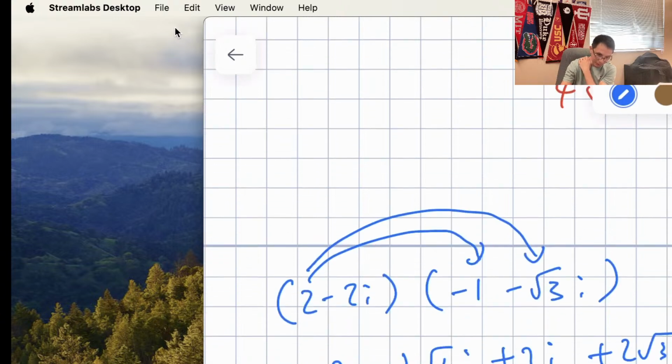Can somebody work out negative 2 minus 2 root 3? Negative 5.464. Who was right? Okay, what do these two numbers add together? Negative 2 root 3 plus 2. Negative 1.464.